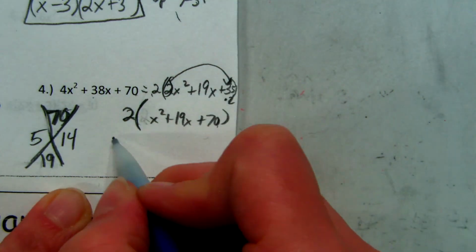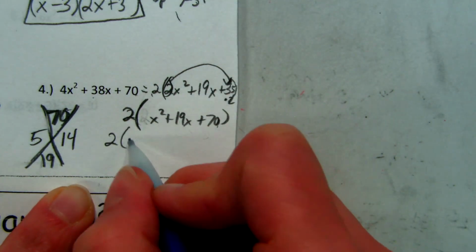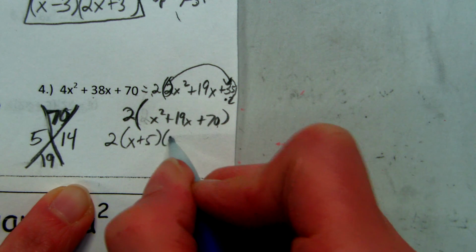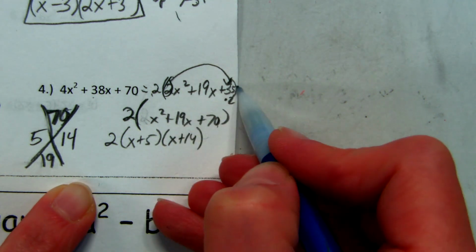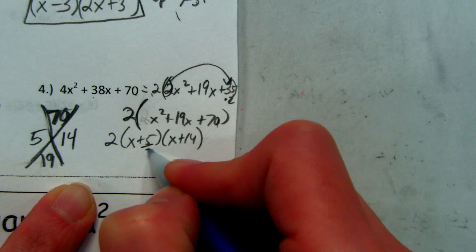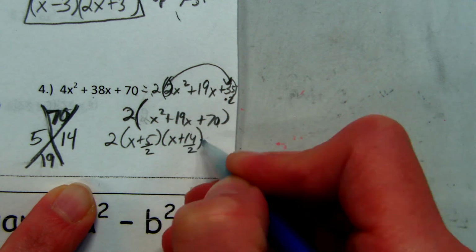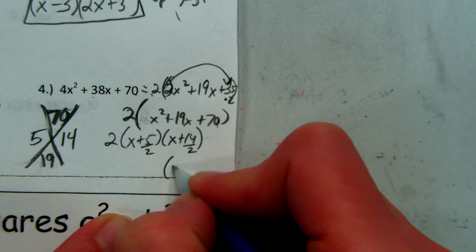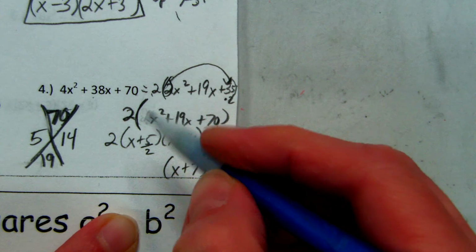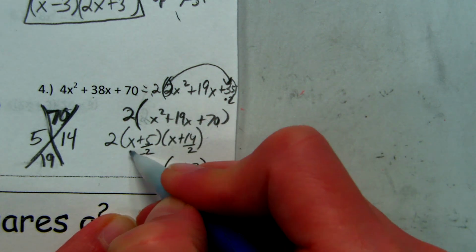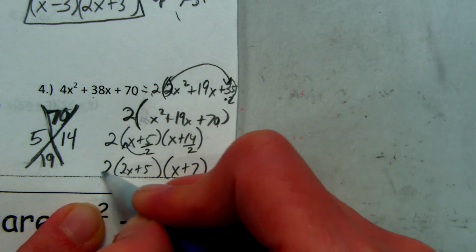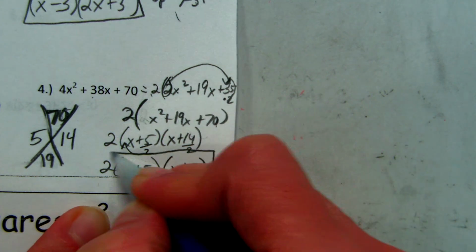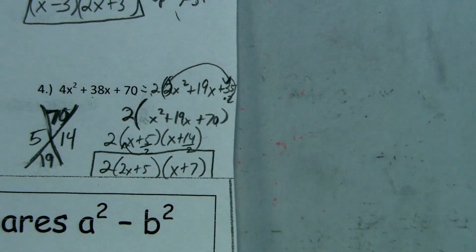All right, so we've got 2, and then we'd factor this x plus 5 and x plus 14. And since we slid the 2 up here, we're going to divide both of these numbers by 2. So 14 divided by 2, we can go ahead and make x plus 7. Then we've got a bottoms up, this 2, which makes it 2x plus 5. And we've got a 2 out in front that we factored out in the beginning.